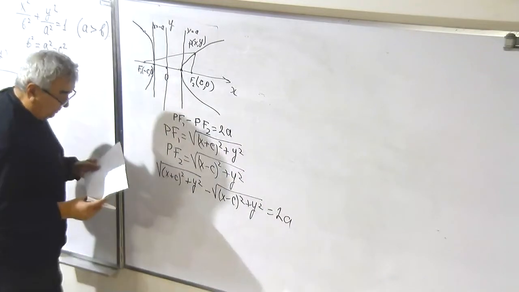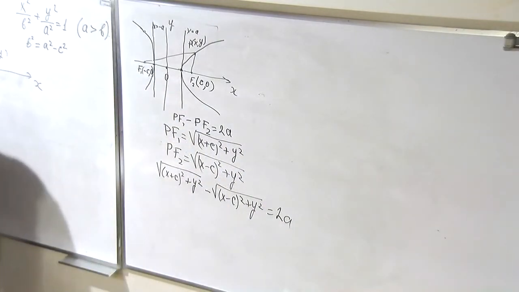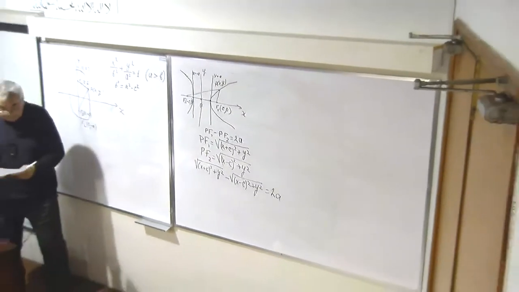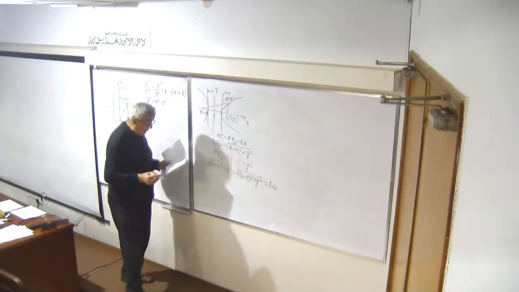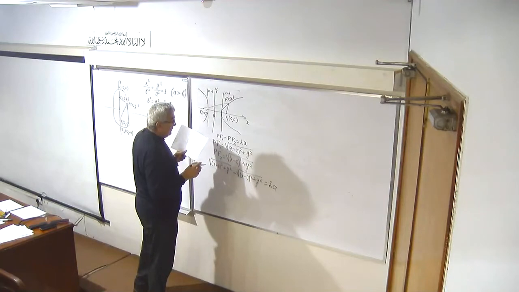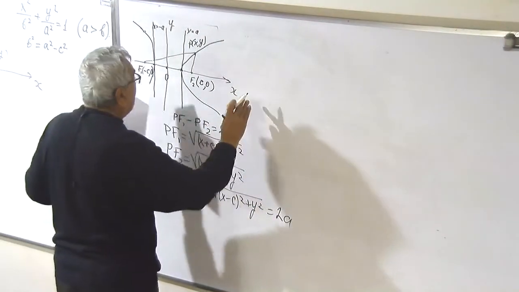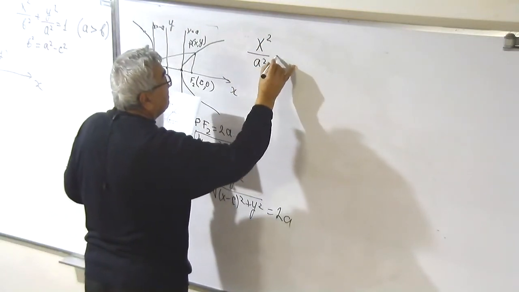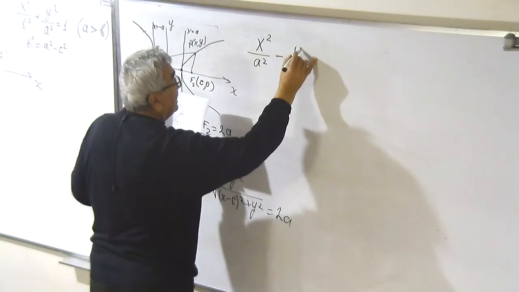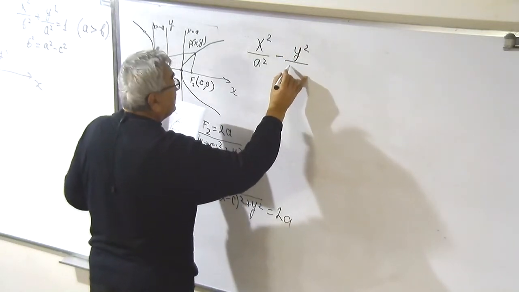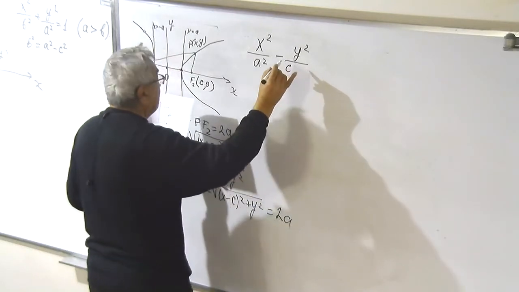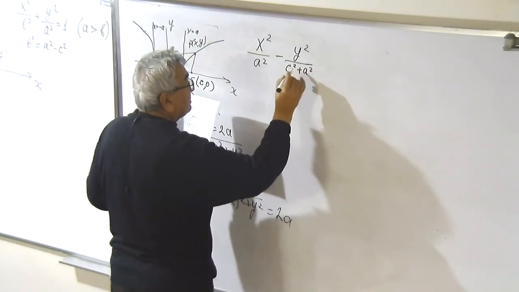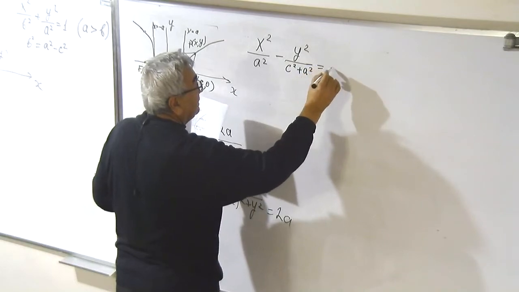Again, to make the same manipulation as for the case of the ellipse, you receive the following equation: x square divided to a square minus y square divided to c square minus a square, sorry, c square plus a square equal to 1.